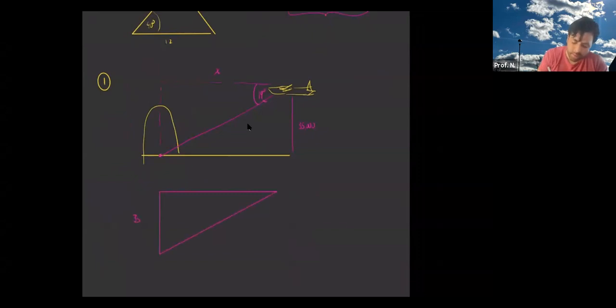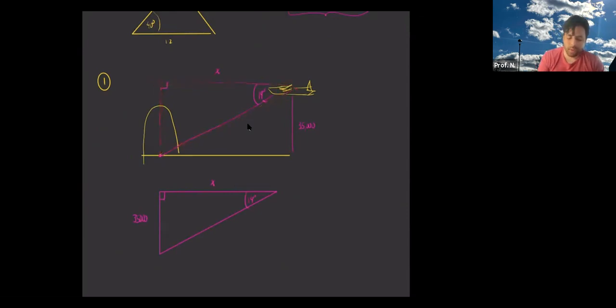I've got 35,000 feet, and this is a 90-degree angle, so this side is the same as this side. This is the missing side, x. I don't know what x is, and I know this angle to be 19 degrees. Do you see how I was able to create this right triangle?